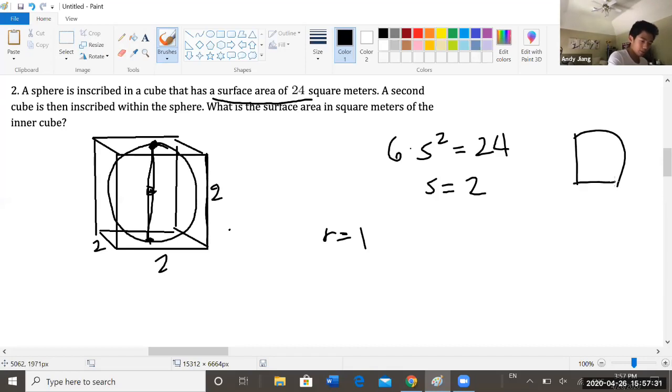It's going to be difficult to relate directly the side length of the cube to the radius, but I can relate a space diagonal to it. A space diagonal is the diagonal connecting 2 opposite points of a cube. So it's directly opposite from each other.